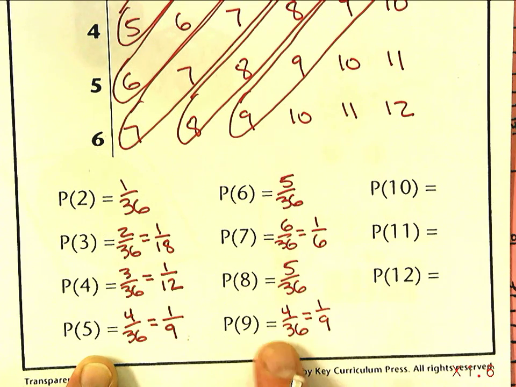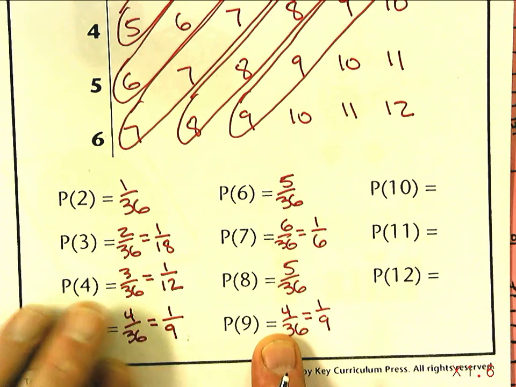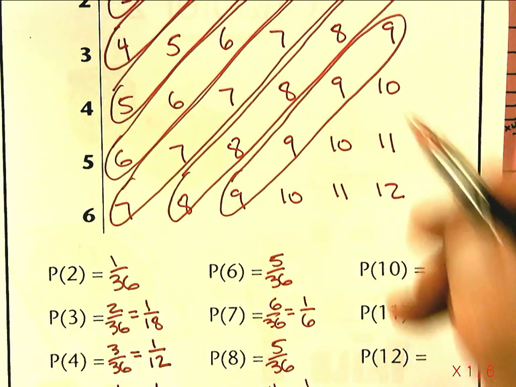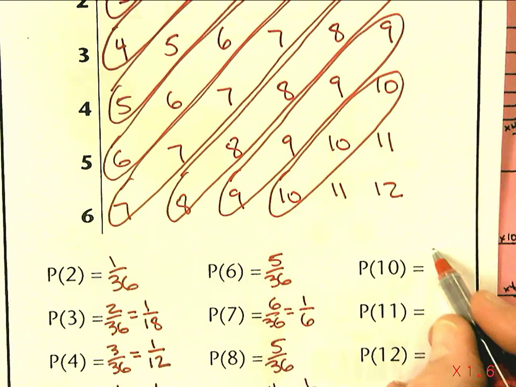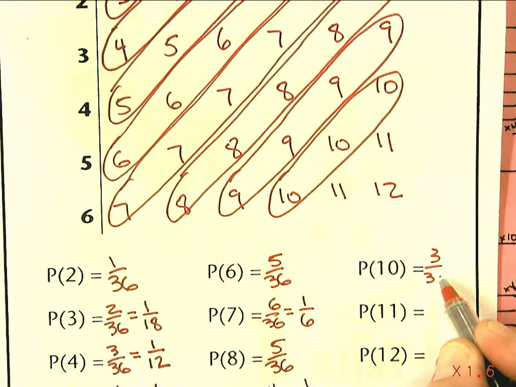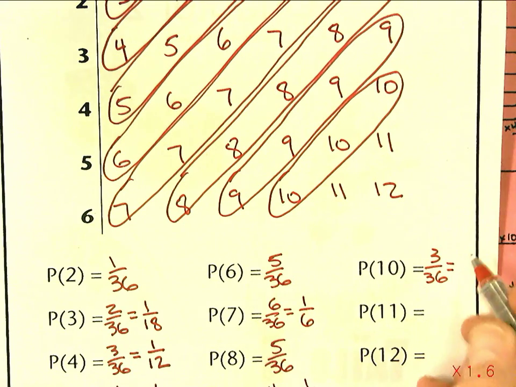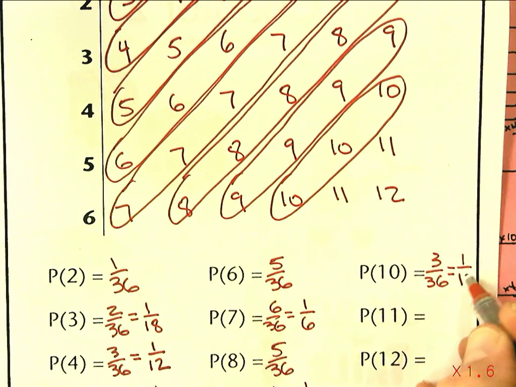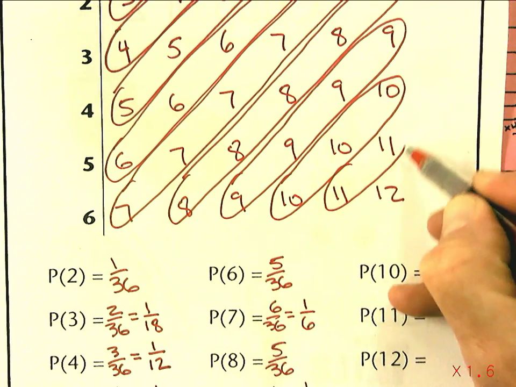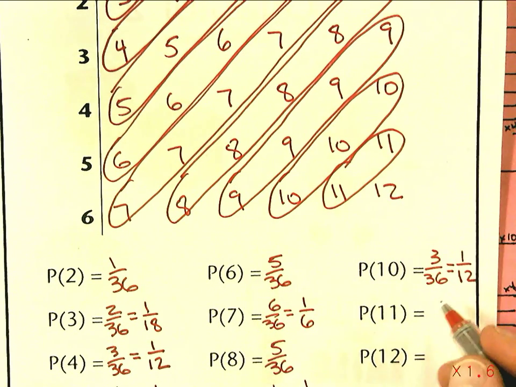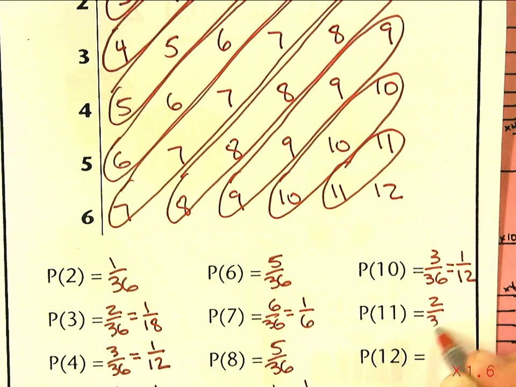So the 5s and the 9s have the same probability as each other. And then the 10s, 3 out of 36, which again reduces to 1 in 12. And then the 11s, 2 ways to do that out of 36, or 1 out of 18.